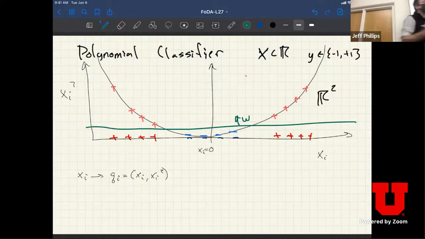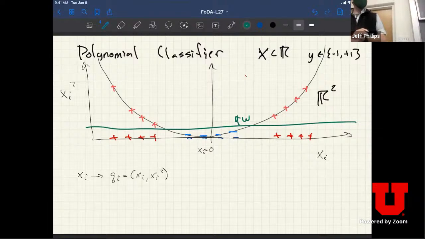I can think of lifting these points to a higher dimensional space through a nonlinear mapping, based on this parabola in this case. I haven't added any information. I've just changed the representation of the data, and effectively the representation of what the classifier can do as well. In the polynomial case, I'd like to do this, but the Gaussian kernel case is actually probably slightly more common.